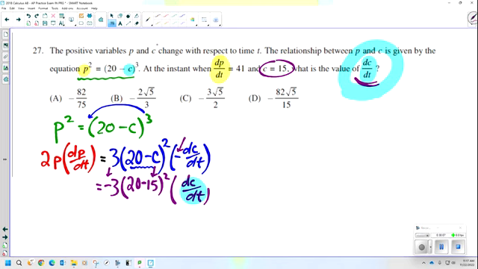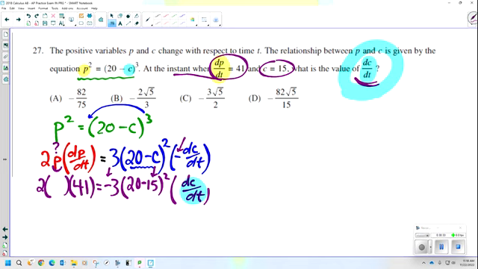All right. So then on the left side, let's go back to our purple. I have dP dt is 41. We have our 2, but the question is, what about our P? We don't have a value for P. And in order to solve for dC dt, I need a P value.